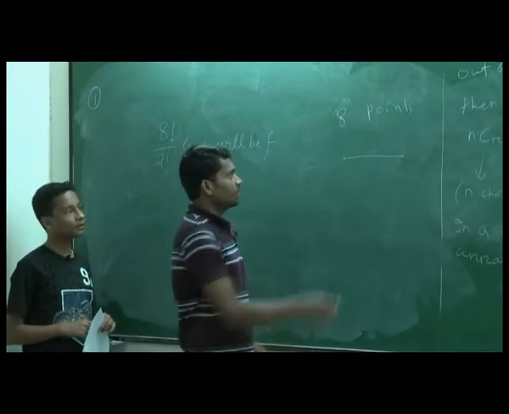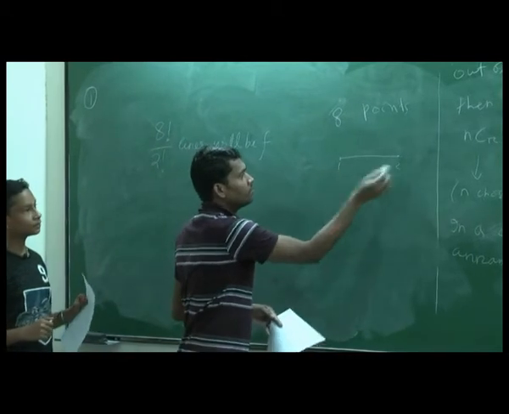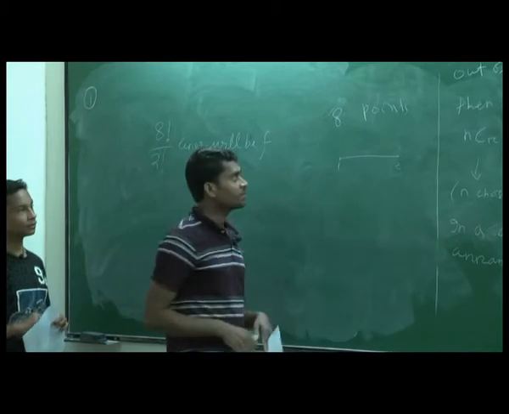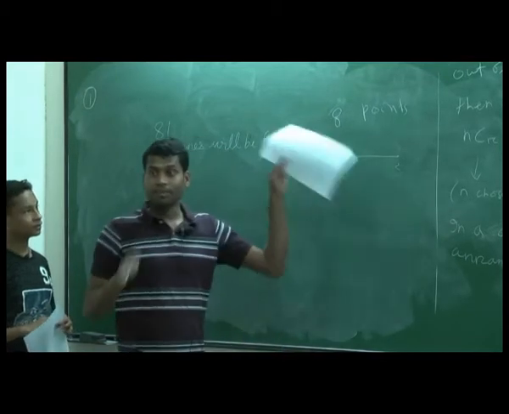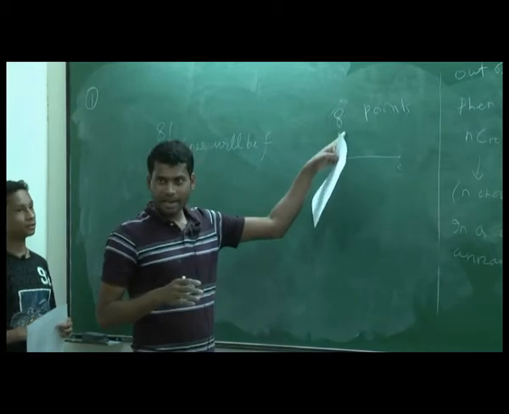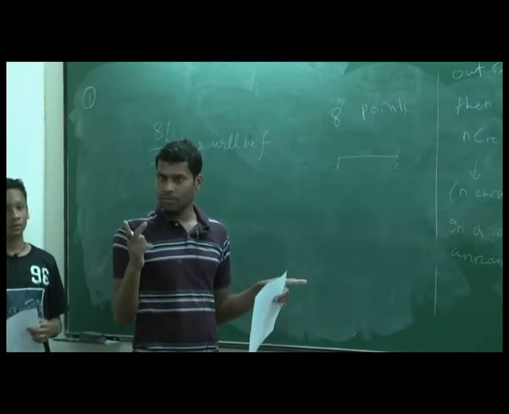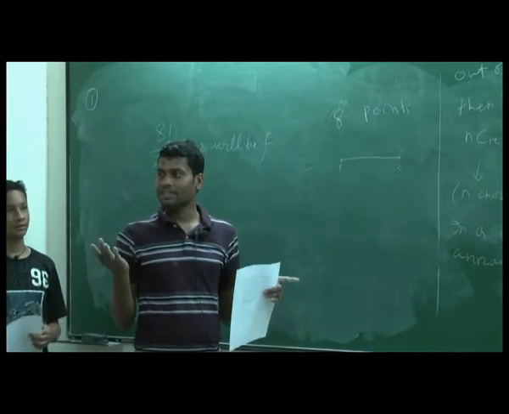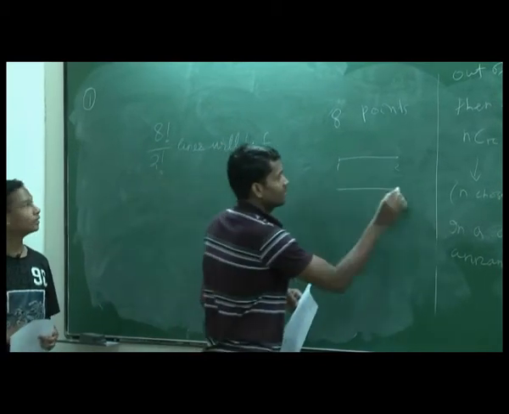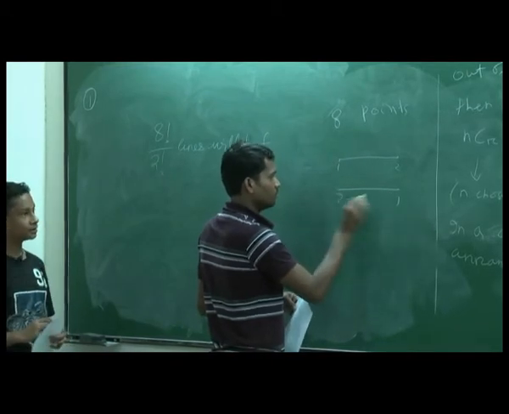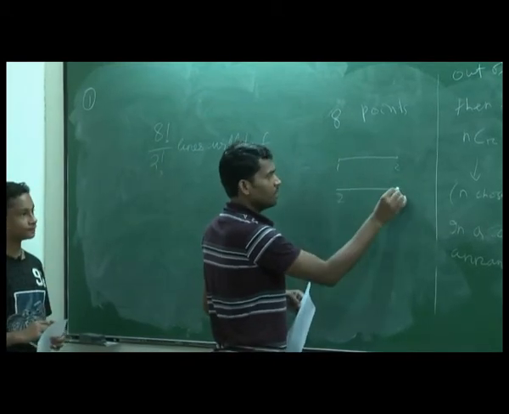Whether we choose 1, 2 or 2, 1 doesn't matter. We will have one straight line, right? So is it permutation or combination? Out of 8 points, we have to choose 2 points. Suppose this is 1, 2 and this is 2, 1.